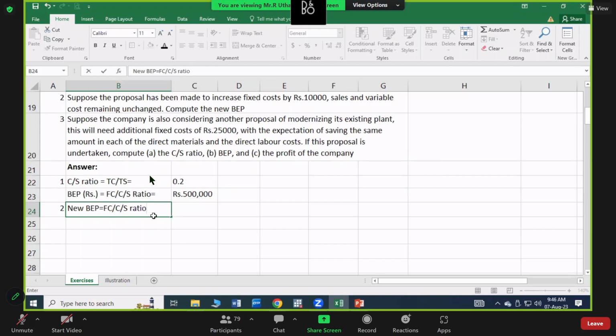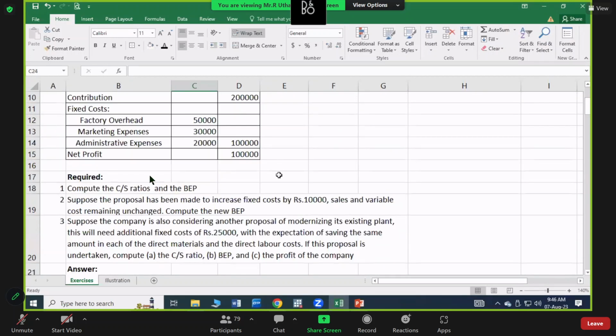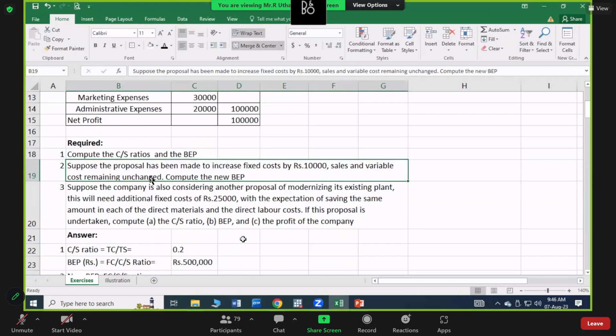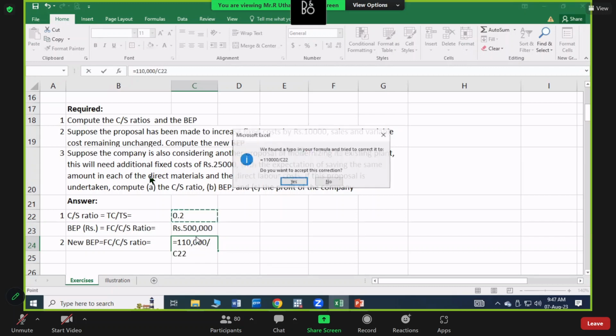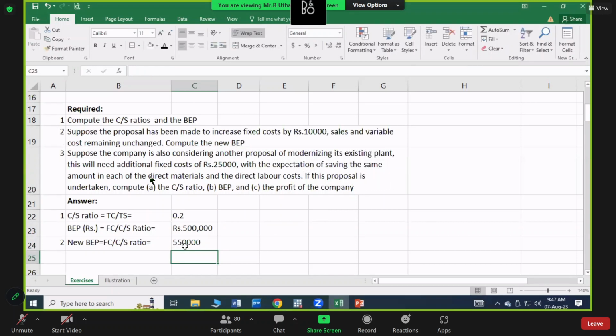The fixed cost is already 1 lakh, and the proposal says there is an increase of 10,000, so it's 1 lakh 10,000 over the CS ratio. It's 5 lakhs 50,000.